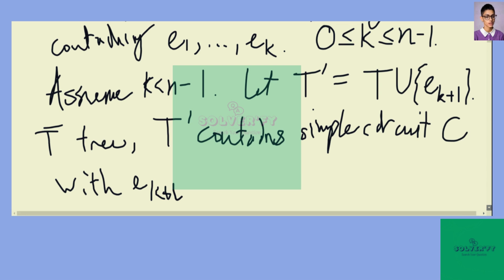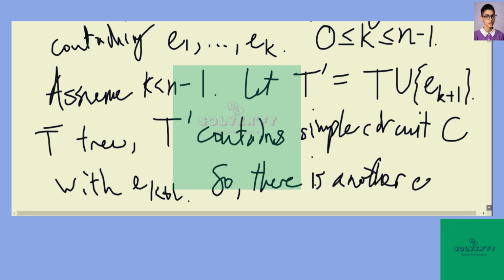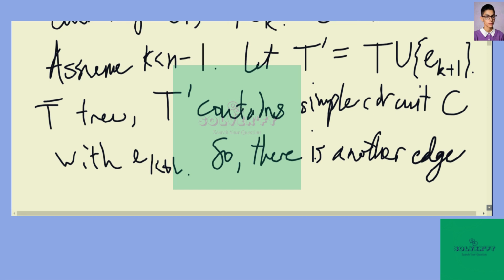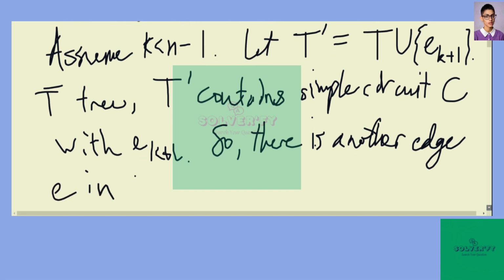So there exists another edge, E in C, that is not contained in S. And this is because S is a tree.